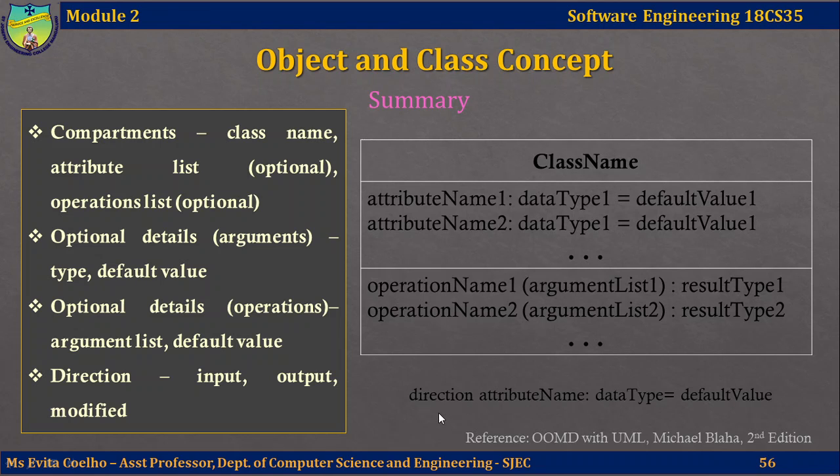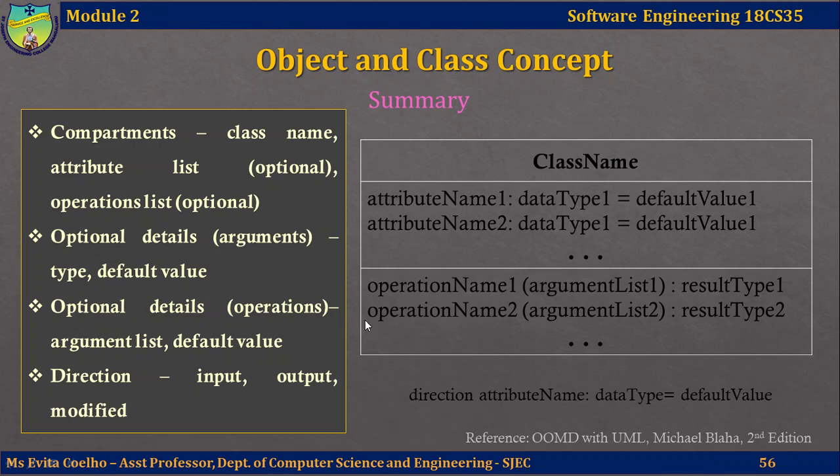So what is direction? Direction indicates whether an argument is an input. In case it is an input, I can write IN in place of direction. If it is an output, then I can write OUT. Or if it's a modified variable which can serve as both input and output, then I can write INOUT in place of direction.